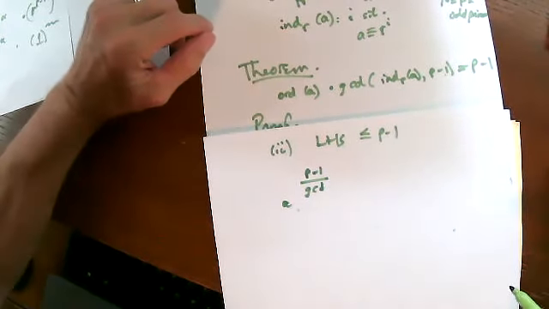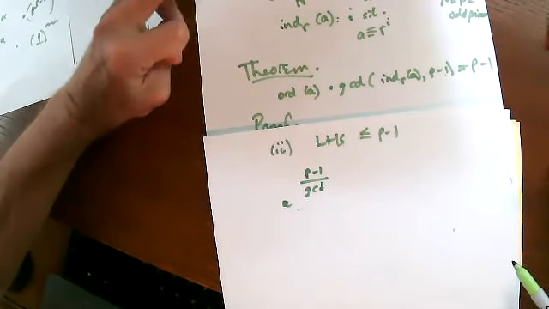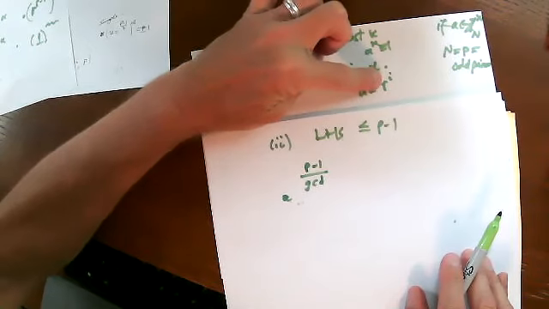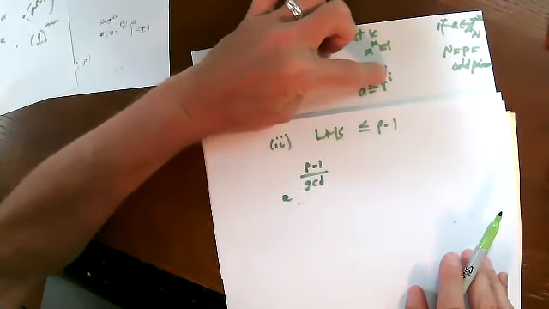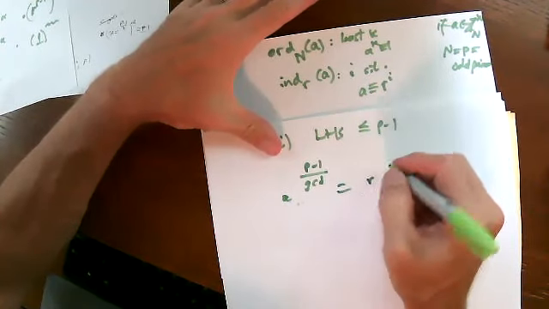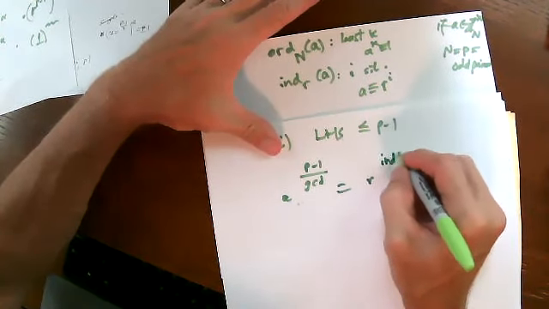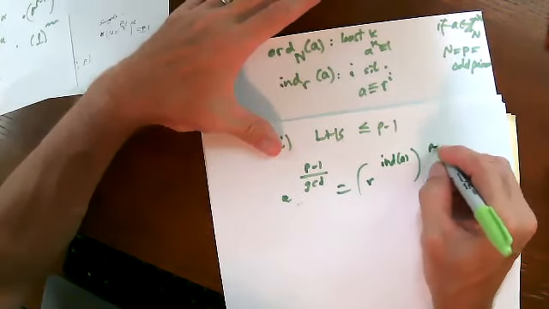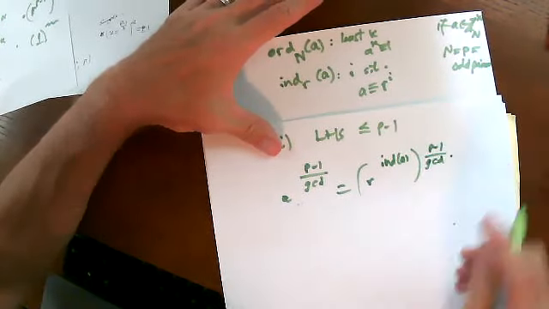So this is an integer. All right, but use the definition of index to say, well, a can be written as r to this index of a power. So this is r to the index of a power, and all of that is now raised to the power of p minus 1 over the GCD.